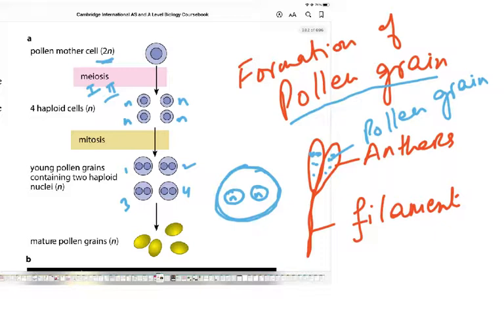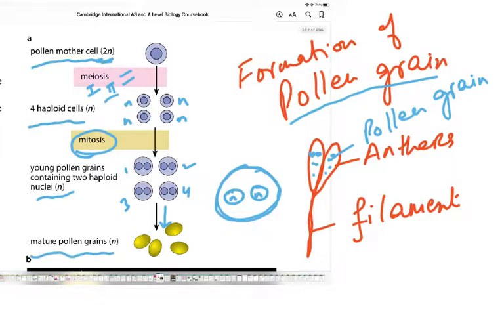Now these cells mature into pollen grains. So you can see here what has happened is now they have matured into pollen grains. So we had the pollen mother cell, which was 2n, then 4 haploid cells, so meiosis 1 and 2 has taken place. Then we have just mitosis, and you have young pollen grains containing 2 haploid nuclei, and then of course you have the mature pollen grain.